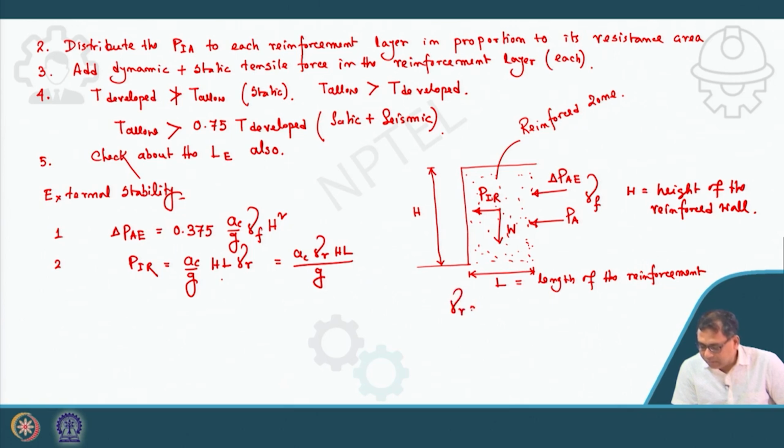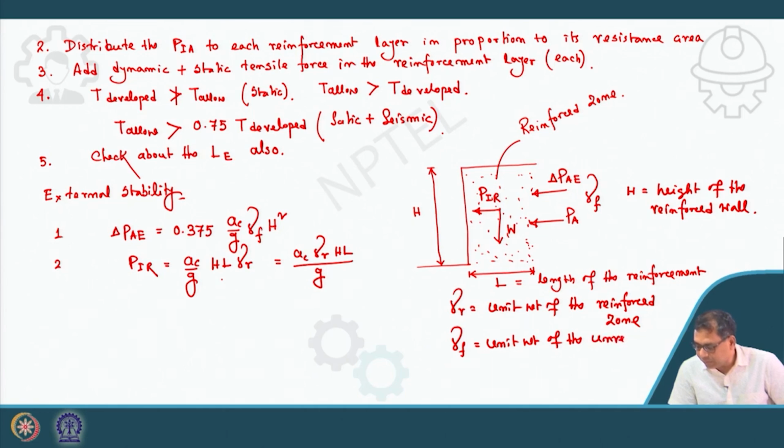So, gamma R is the unit weight of the reinforced zone, and gamma F is the unit weight of the unreinforced zone, or your backfill zone.